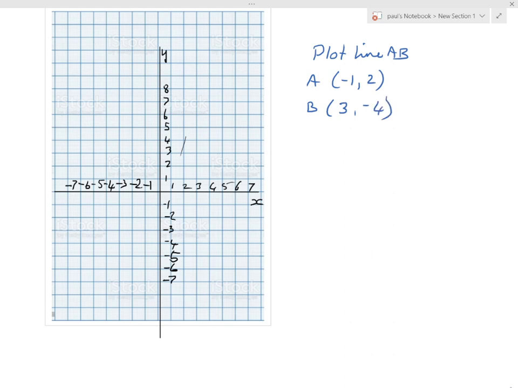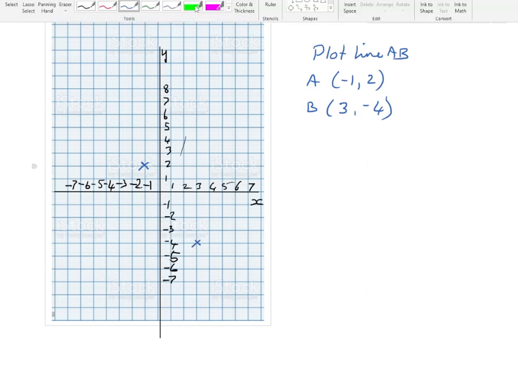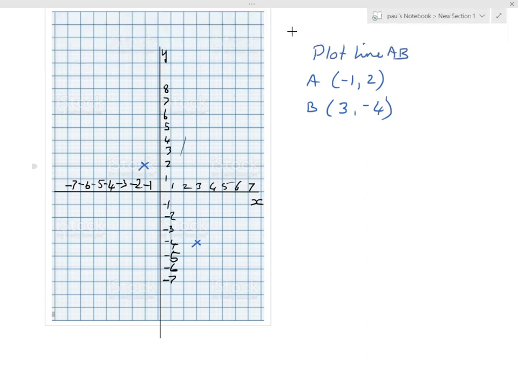Okay, so minus 1, 2 is there. And 3, minus 4 is down there. Right, so let's join those two up, see where we go. So there is A and there is B.